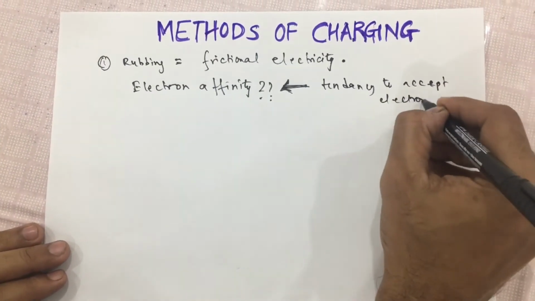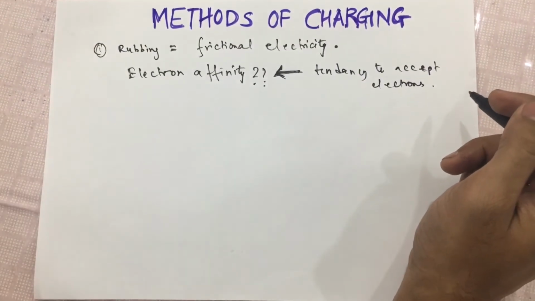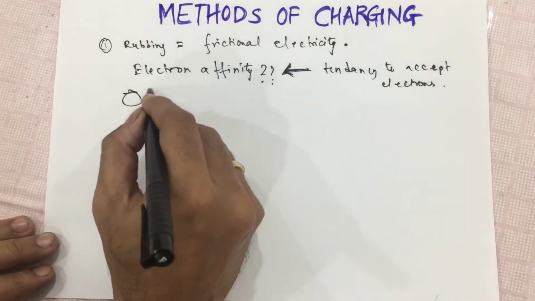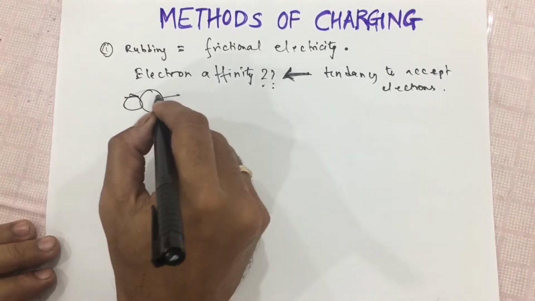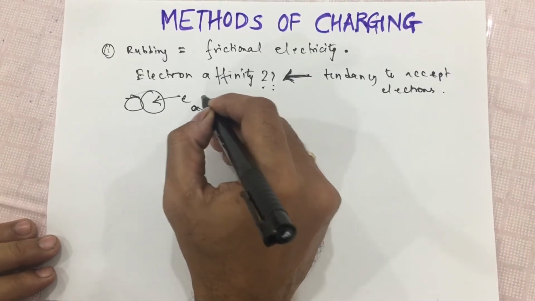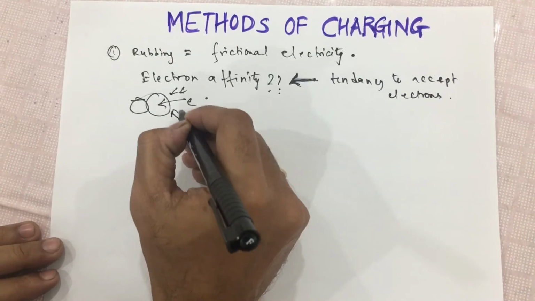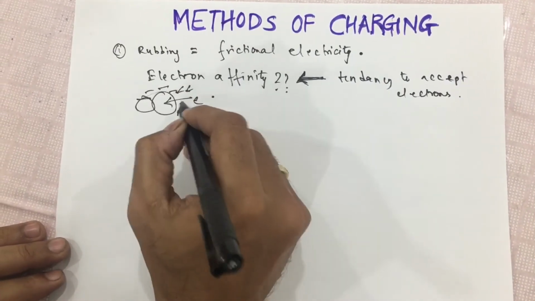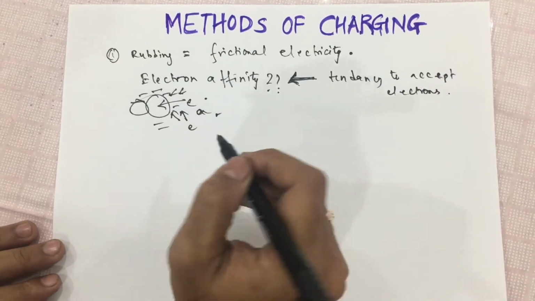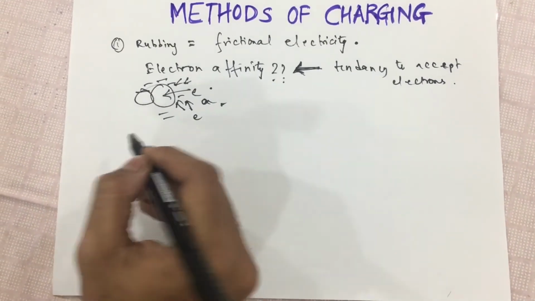The body which is having more electron affinity will be accepting more electrons. So when a body is rubbed against another, the body having more electron affinity, the higher tendency of accepting electrons, will develop a negative charge. So the electron affinity determines whether a body will be positively or negatively charged.